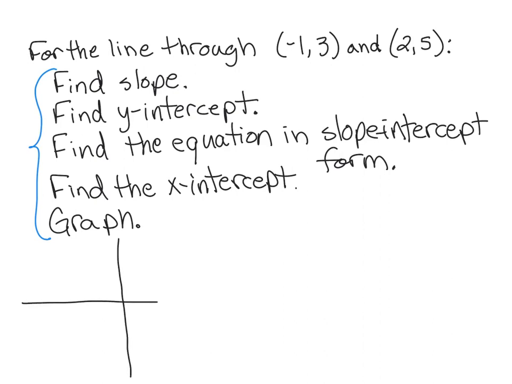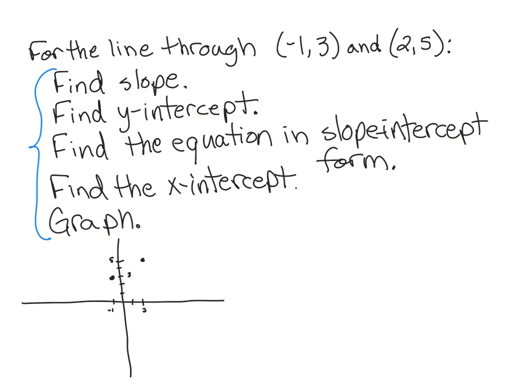All of this information has to work together and make sense. So I'm going to do my best with my scale here. So point number 1 is that x is -1 and y is at 3. Both at the same time, right? Point number 2, x is 2 and y is up at 5.